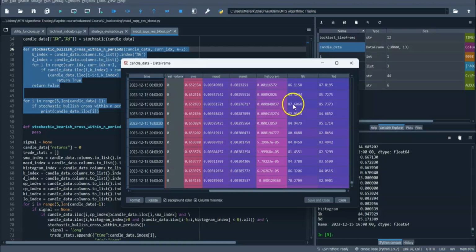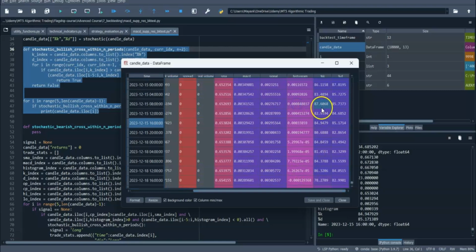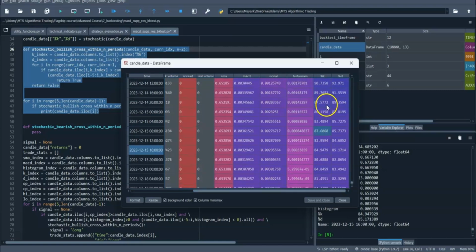But if we go 2 periods back, I think this is what it is referring to. %k is greater than %d here, but for the previous 5 candles, %k was actually lower than %d. So this is where the stochastic crossover took place. But because we want our function to return true even if that stochastic crossover happened within 2 periods, it is returning true for this particular row. So by definition, I think the previous 2 rows should also return.